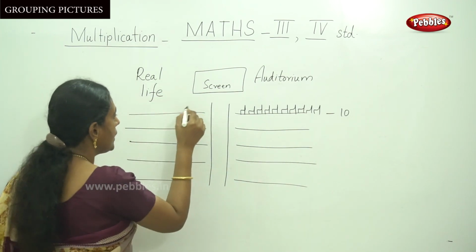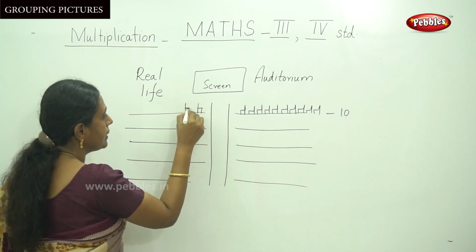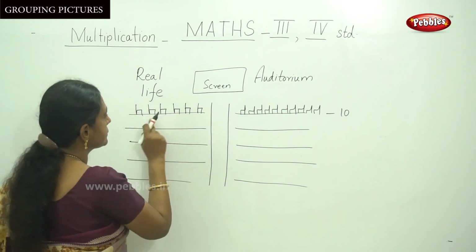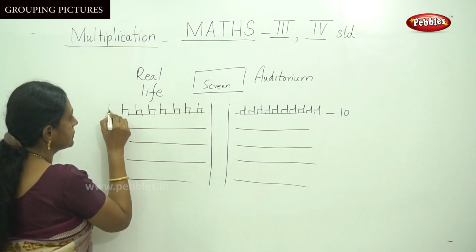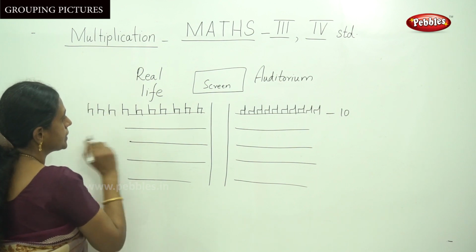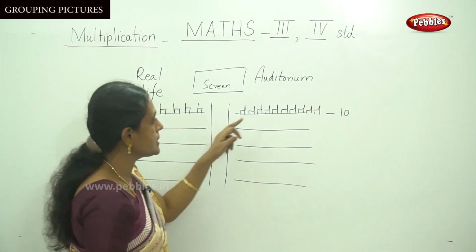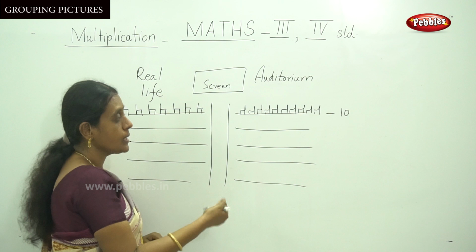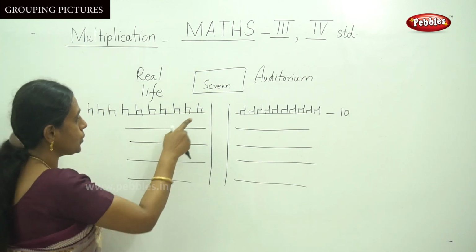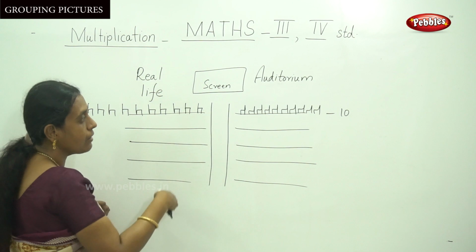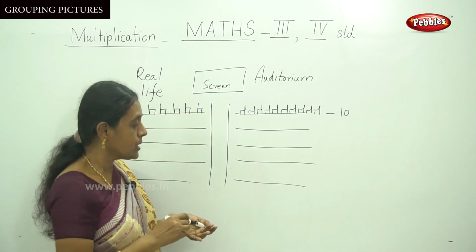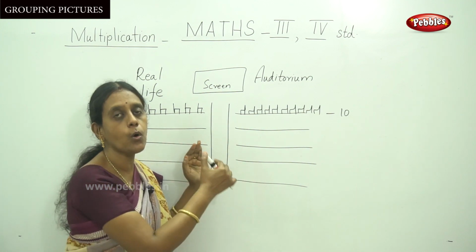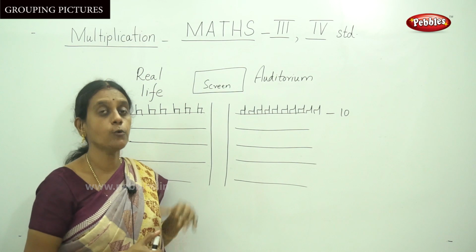On the left hand side also, each row has 10 chairs, and 5 rows. Similar to that on the left hand side, each row has 10 chairs and 5 rows. So, how do we calculate the total capacity of this small auditorium?